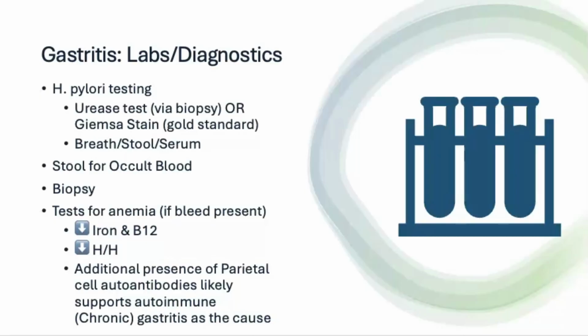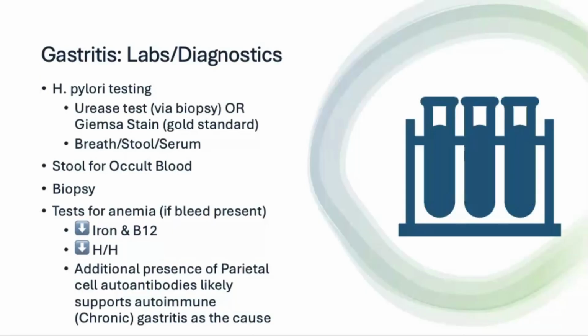And then lastly, they can run some serology antibodies, so they can check for IgG antibodies that act against H. pylori in the blood. However, these are less specific tests compared to the other tests, because there could be other reasons why IgG antibodies would be detected.